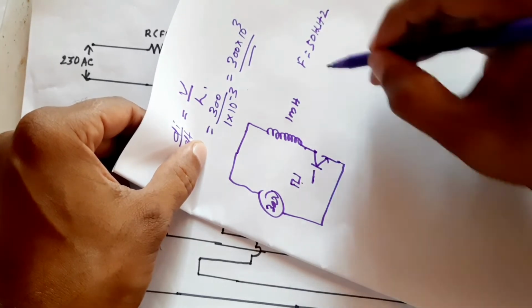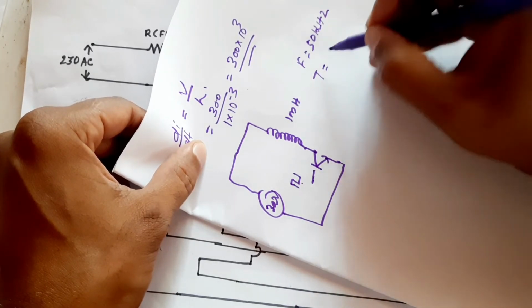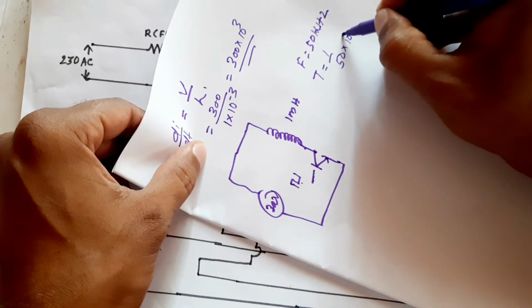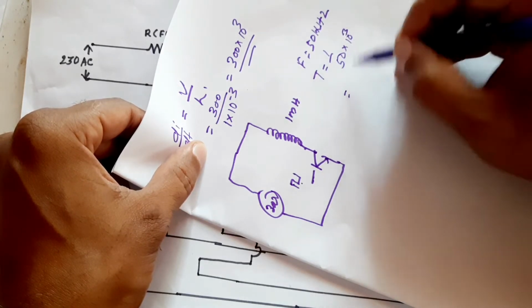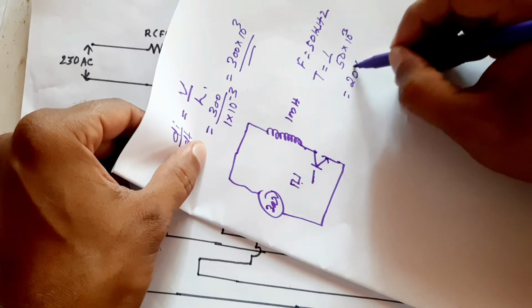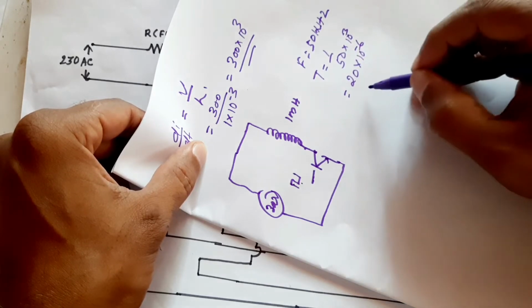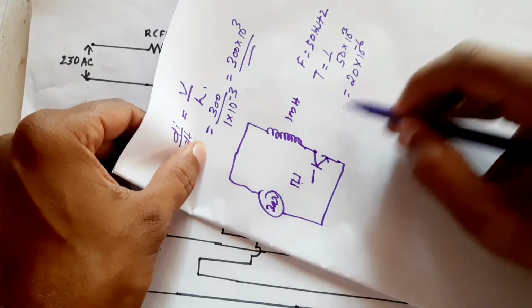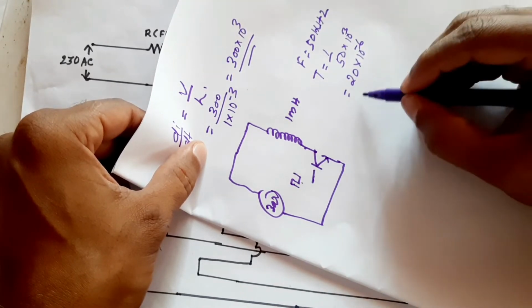The repetition time will be 1 divided by 50 kilohertz, which is around 20 microseconds. The signal will be repeated every 20 microseconds.